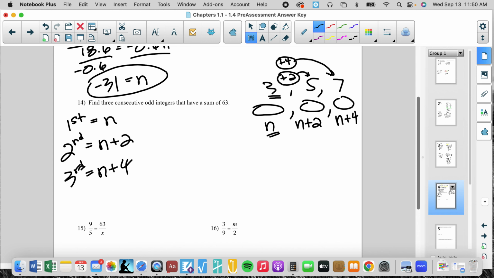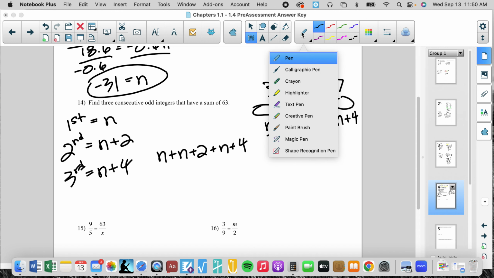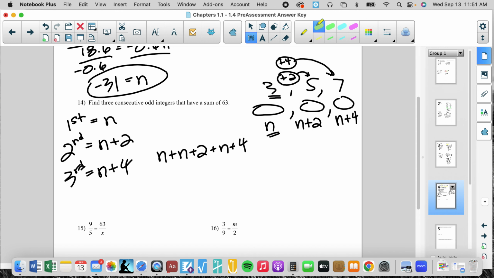So knowing that, I know that the sum of them, so n plus 2 plus n plus 4, this is my first number, this is my second number, and this is my third number. I know that the sum of those three numbers, consecutive odd numbers, is going to equal 63.